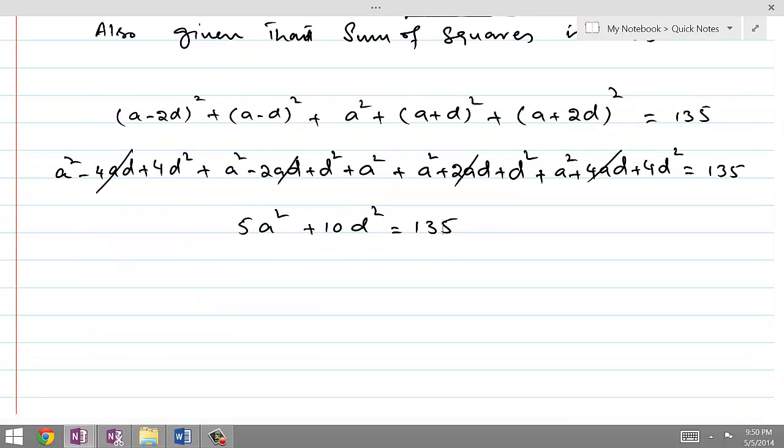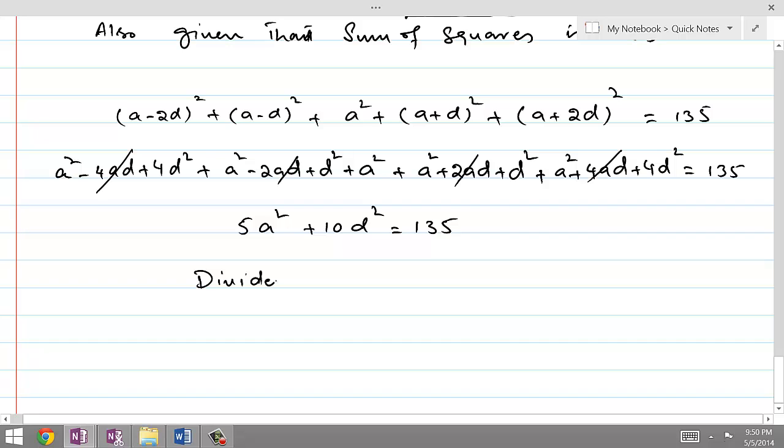If we divide by 5 on both sides, this will give us a square plus 2d square is equal to 135 divided by 5. That will give us 27.